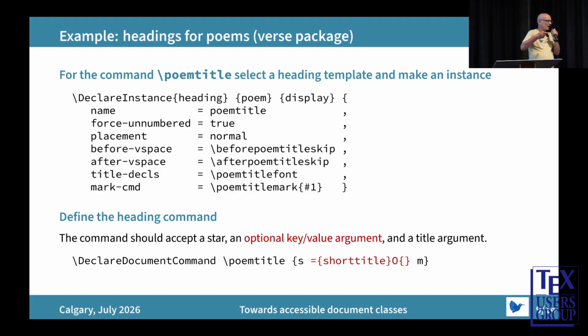So this key value list allows you in the document to make adjustments to the layout or to some aspects of the command. Now, for commands that don't have optional arguments, it's very easy. You just add one that's upwards compatible.